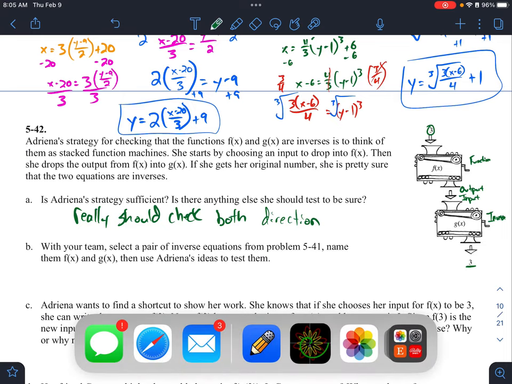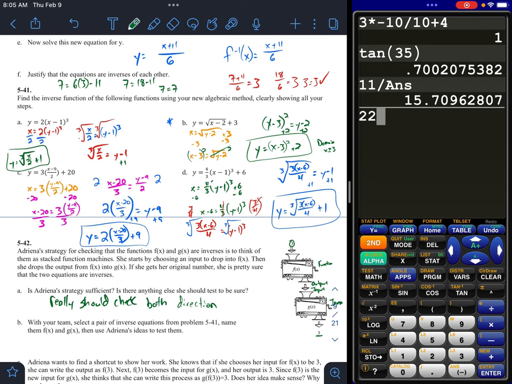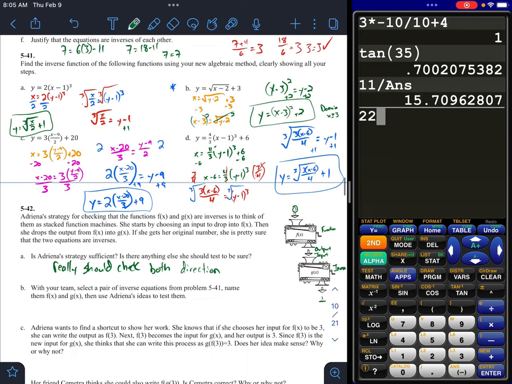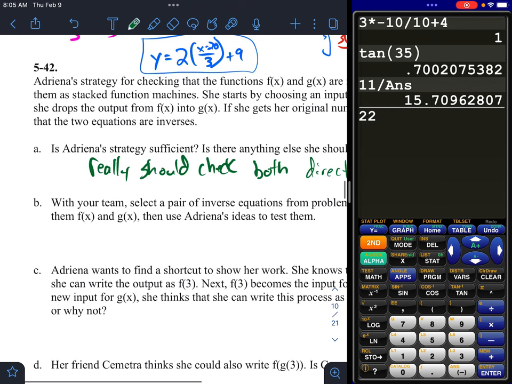So I'm going to kind of do this with a calculator to make this a little bit quicker. You can pick any one of these, so pause it, try one. I'm not sure really which one would be easier or not. I'm going to pick A, so pause it, try it with A. So if I try it with A, I have f of x equals, this is an example, 2x minus 1 cubed.